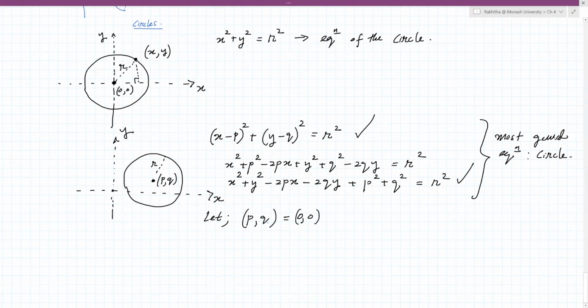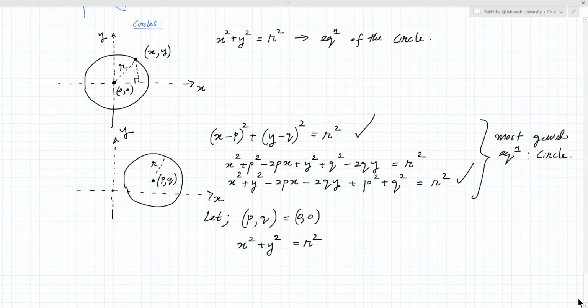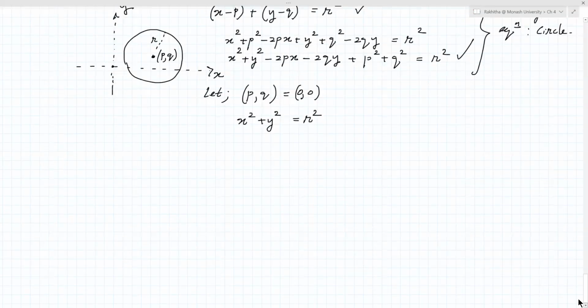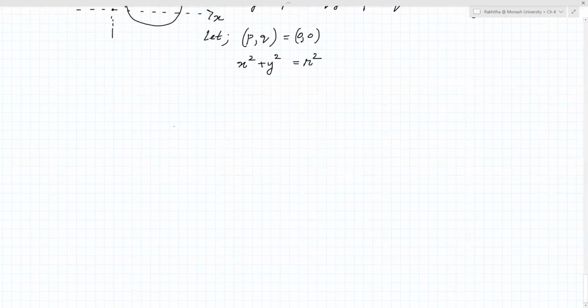Now, if P and Q are 0 and 0, if you deduce this from here or here, it doesn't matter, eventually you will get x squared plus y squared is equal to r squared. Okay. Now this is what you are going to get.